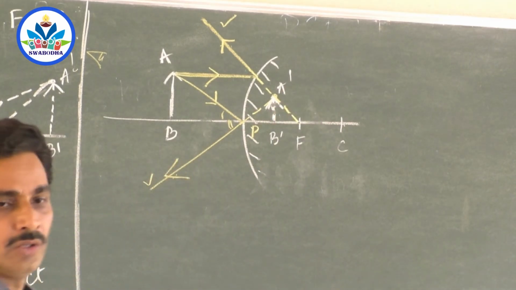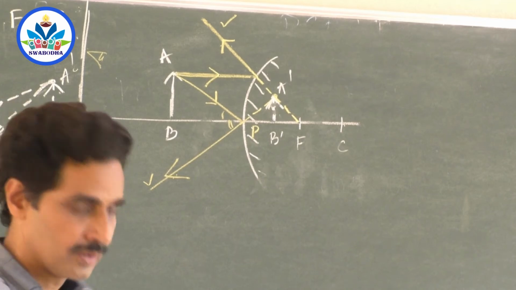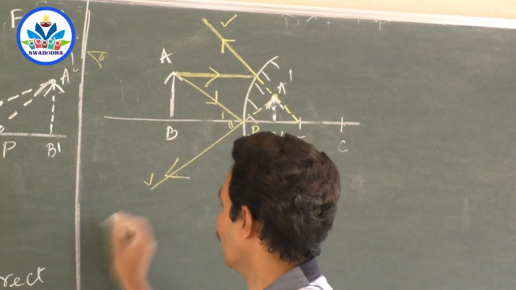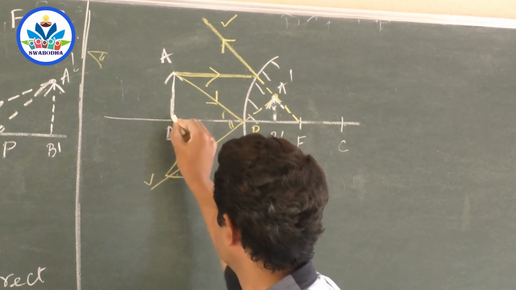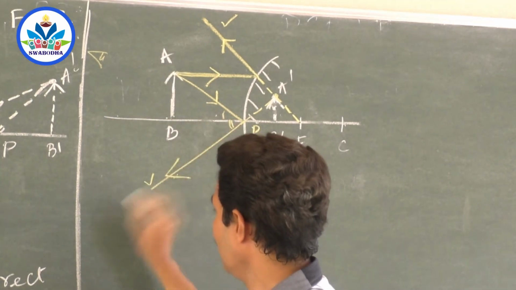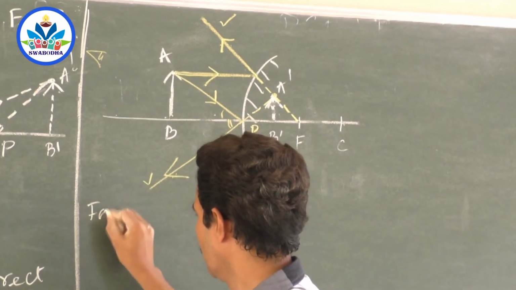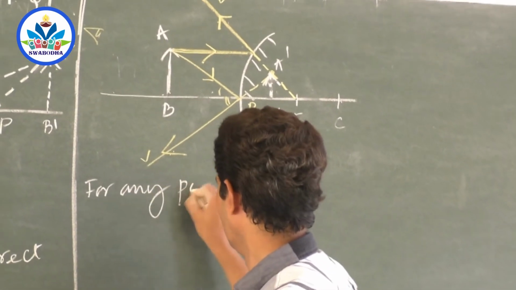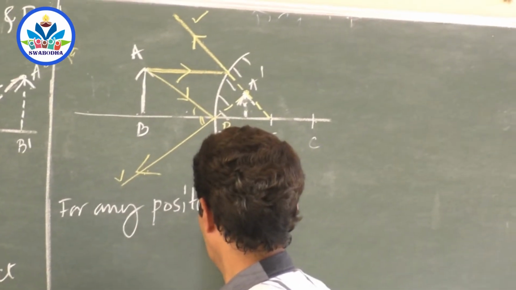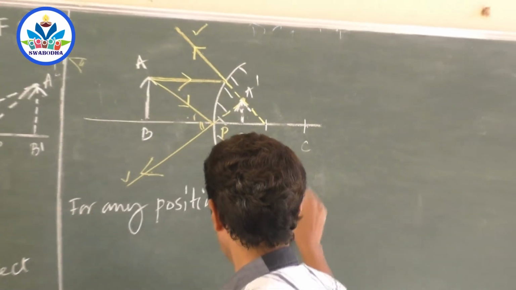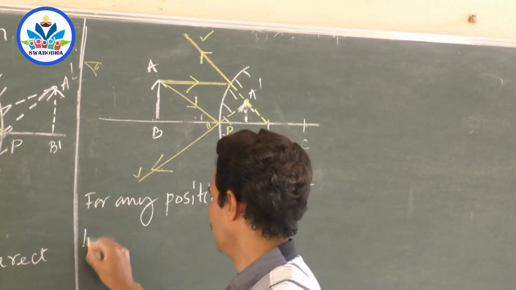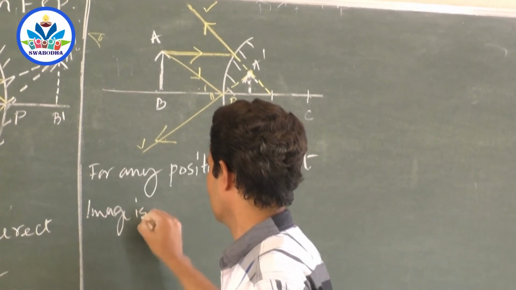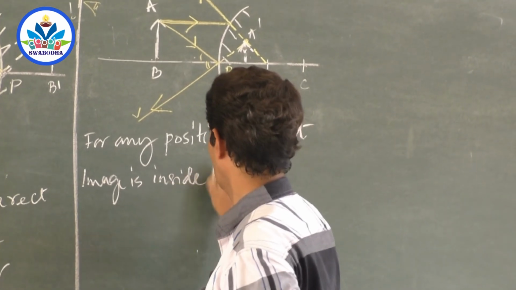Right. So in a convex mirror, wherever the object is, you keep it here, here or here, for any position of the object, the image is inside the mirror.